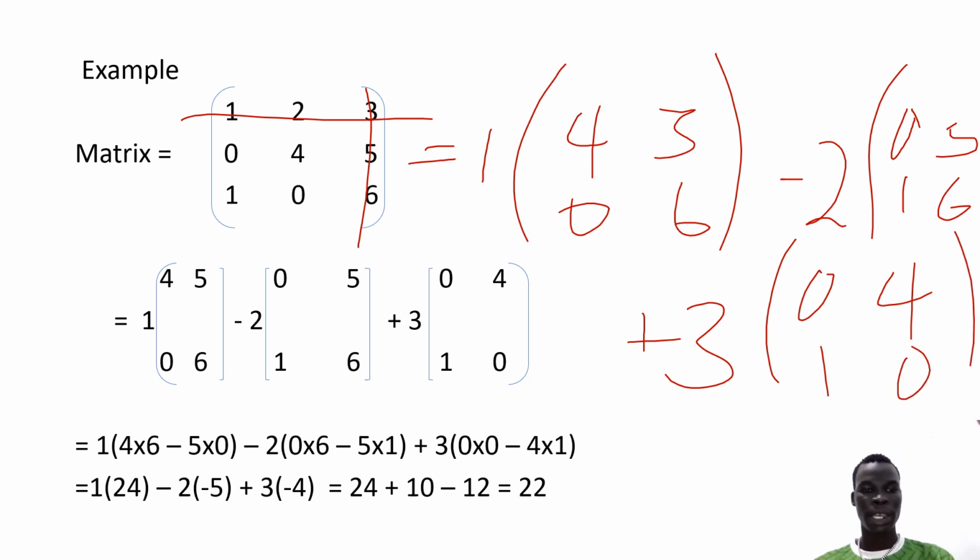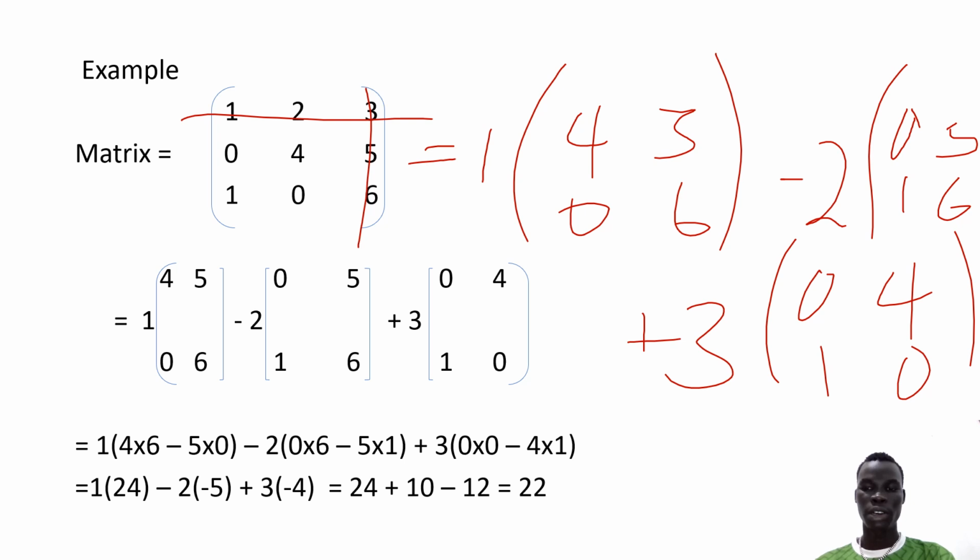Now when we are multiplying, 4 times 6 minus 1 times 5, and so on, then the result will be this. To get the result, you make it simple: 19 times 1, minus 2 times 0 plus 3 times 0.